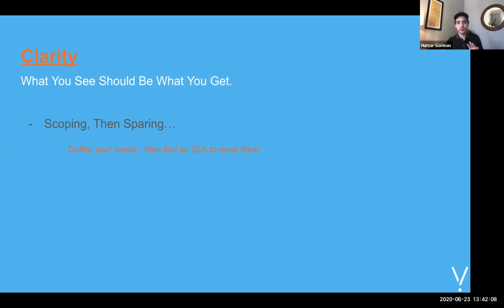Because if you do it the other way around, it's kind of like squaring a circle, right? It's how do you rework your network to meet this SLA, which is totally backwards. That's not why we do this. That's not why we have maintenance on our assets, right? We need to define our needs first, and then, like you mentioned, starting with density, defining those single points of failure. That is really, really critical to figuring out in terms of an SLA what you even need.